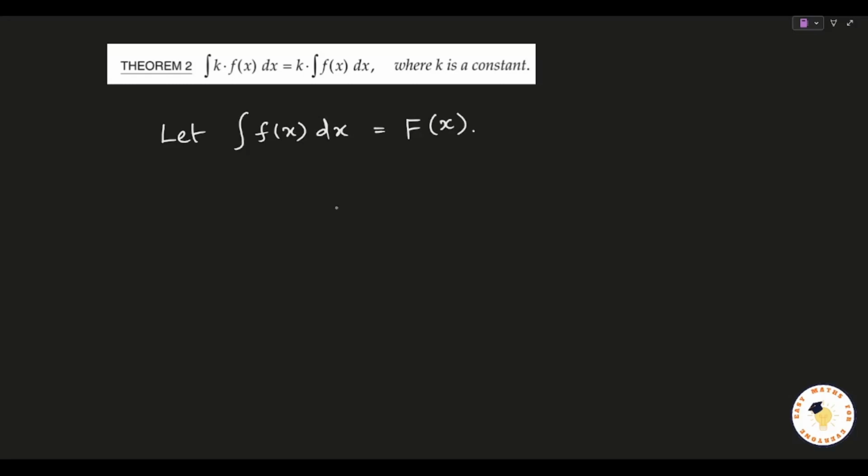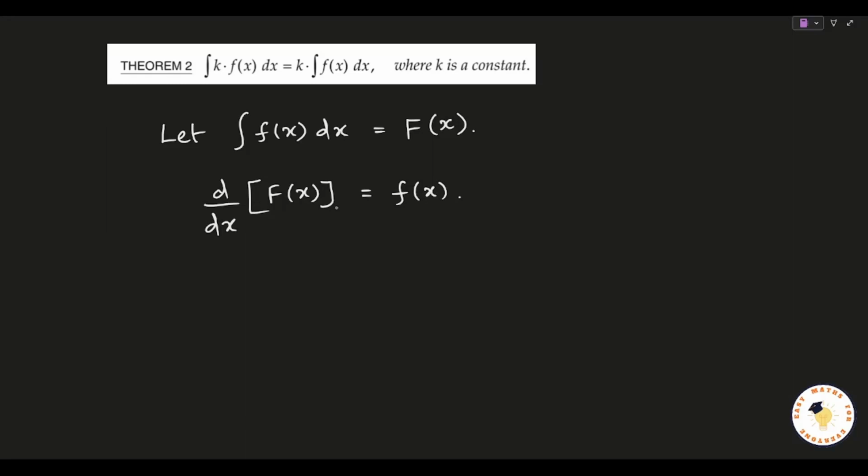Then again, by the definition of integrals, we know when you differentiate the function on the right side, you will get back the function inside the integral. That is d by dx of capital F of x will give you small f of x again.